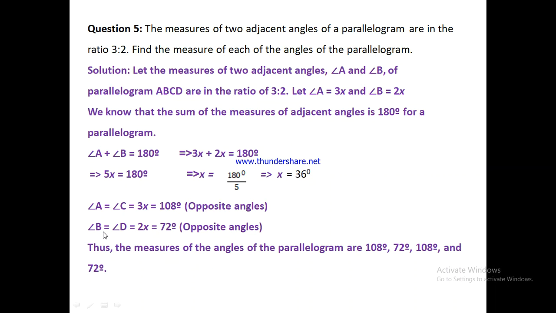So angle B is equal to 2x, so angle D will also be 2x, and 2 into 36 is equal to 72 degree. Thus the measures of angles of the parallelogram are 108 degree, 72 degree, 108 degree and 72 degree.